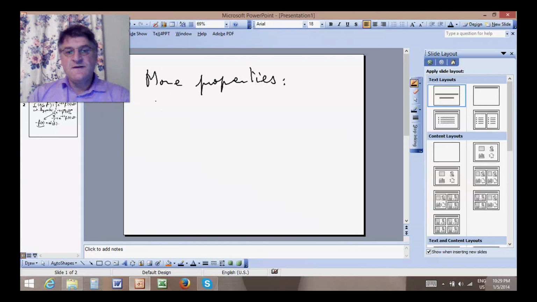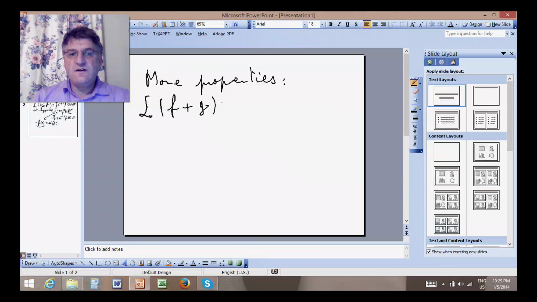One thing is that if we were to take the Laplace transform of f plus g, then I would notice that it becomes the sum of the Laplace transform of f and the Laplace transform of g.